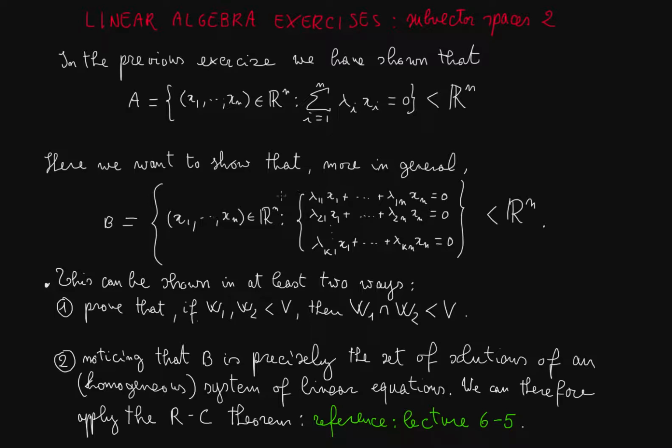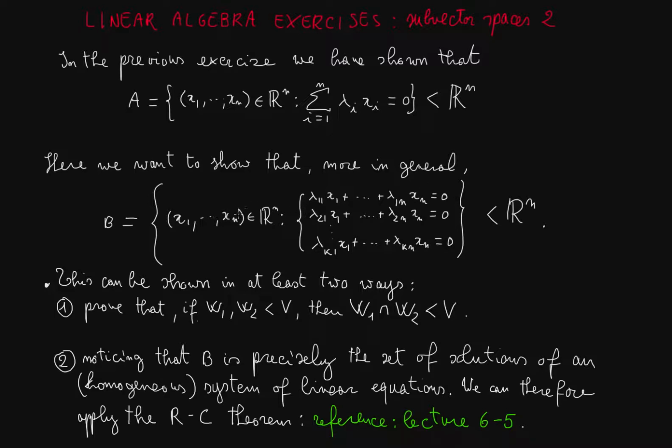Therefore, we know that the set of solutions of a system of linear equations is not always a subvector space of Rn. But in the case the system of linear equations is homogeneous, then we already know that the set of solutions is going to be a subvector space.